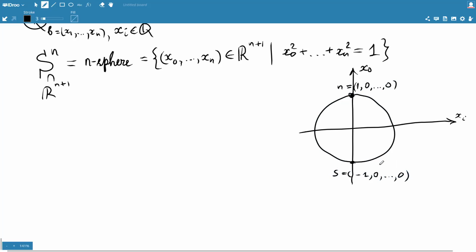For a chart, you take for a first chart S minus the South Pole.